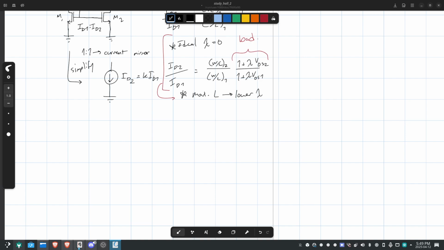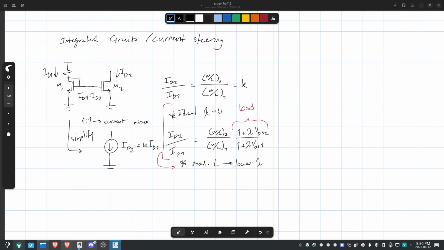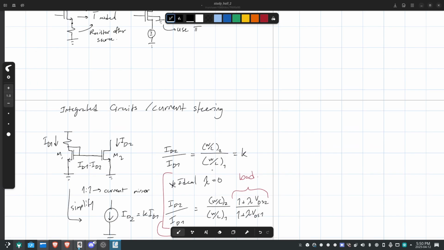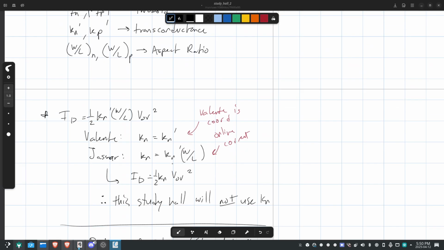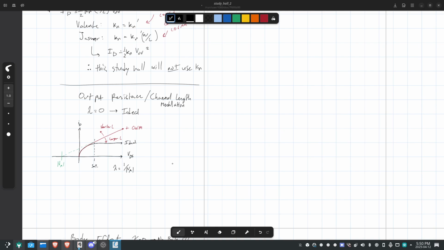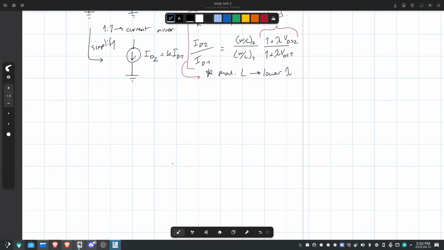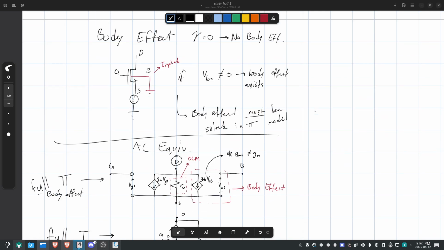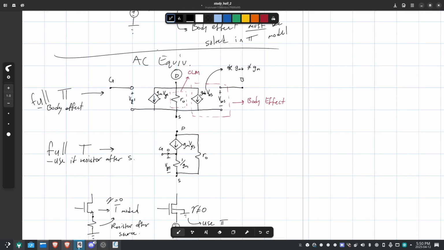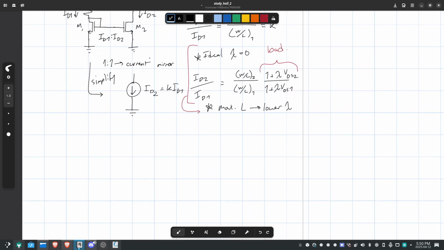I might be waffling, but I don't think they show how to solve for current with channel length modulation. Sorry, I'm not really sure why. I don't think you really need to worry about that then. If you need to find it with channel length modulation, you're going to be doing it using the models, right?